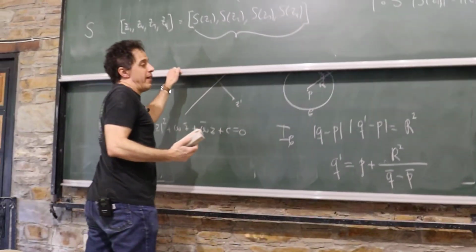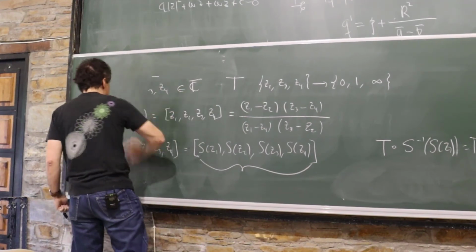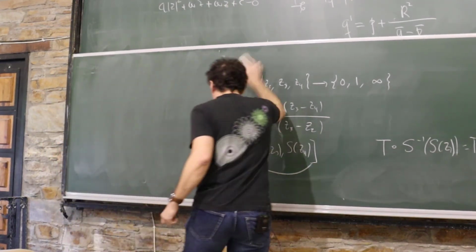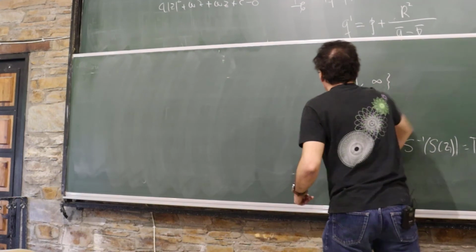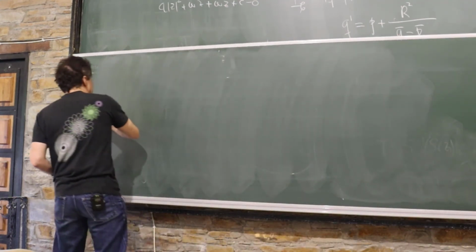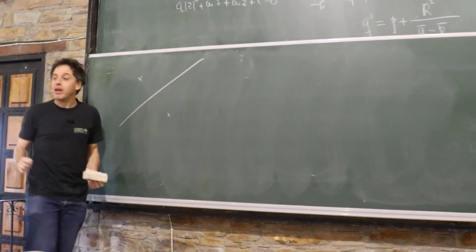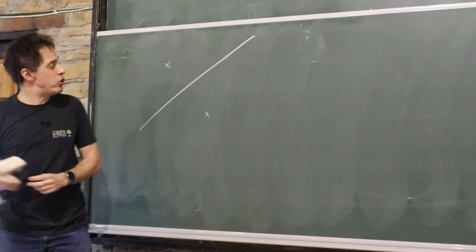How can you characterize points that are symmetric with respect to a straight line? If you take any straight line, two points are symmetric with respect to it if and only if the following condition is satisfied.